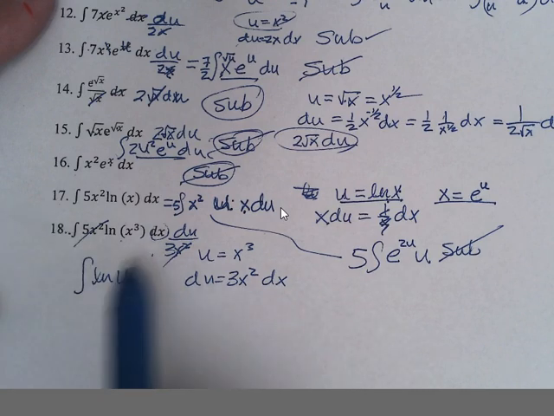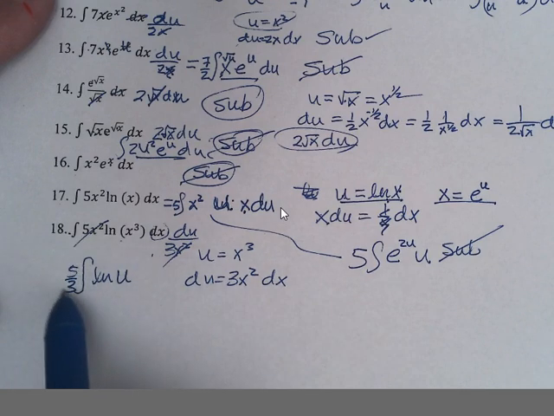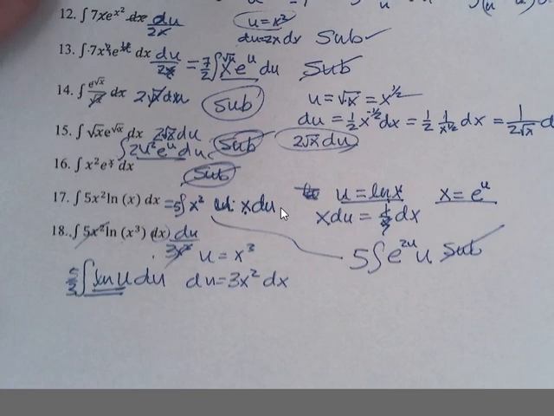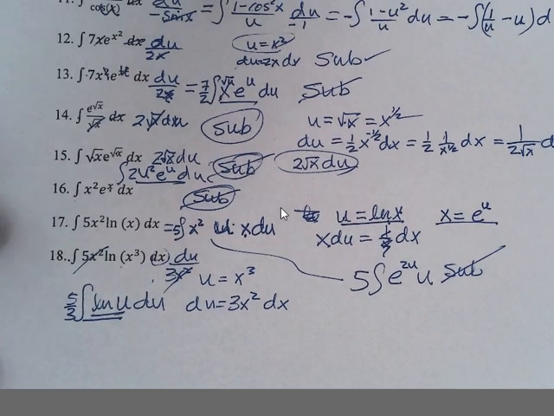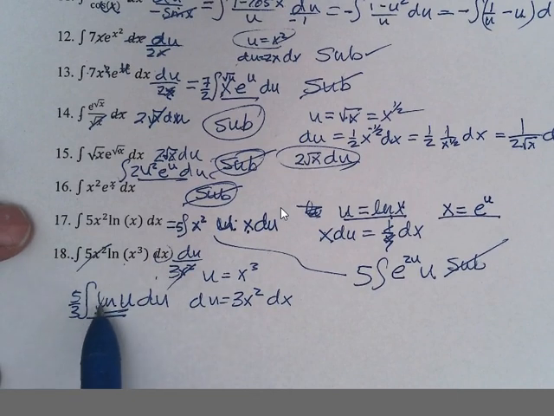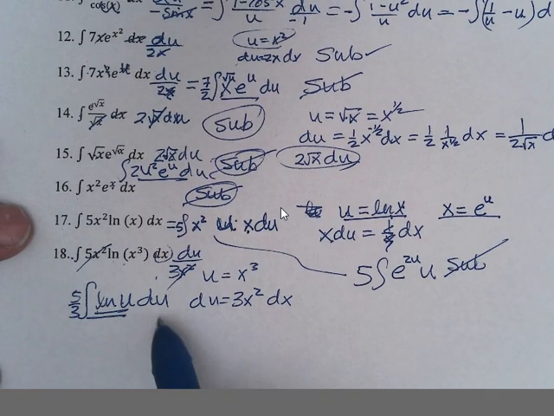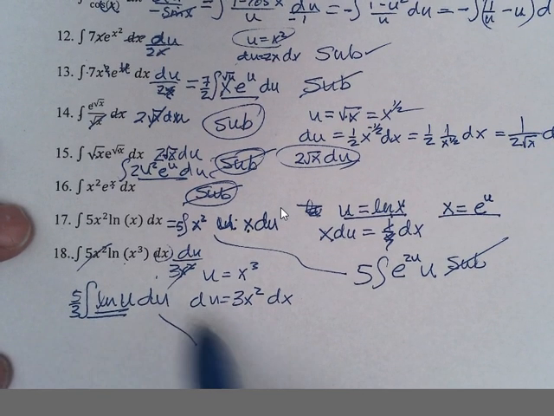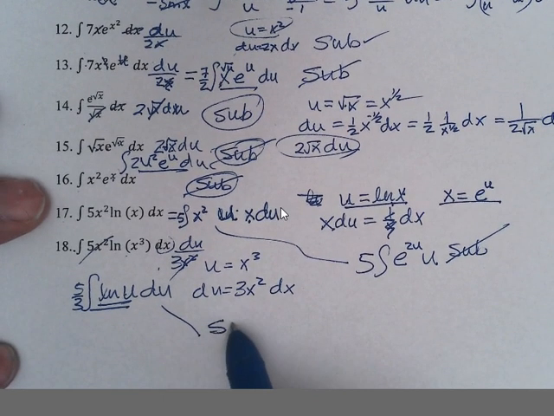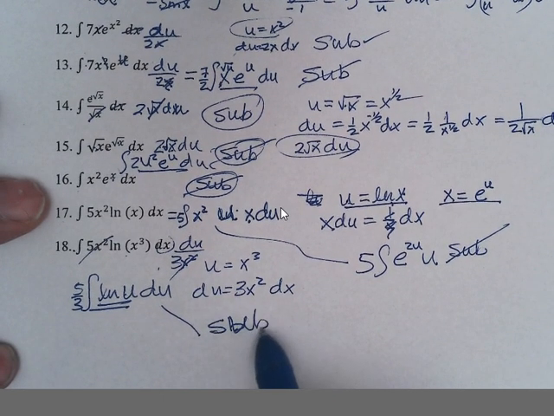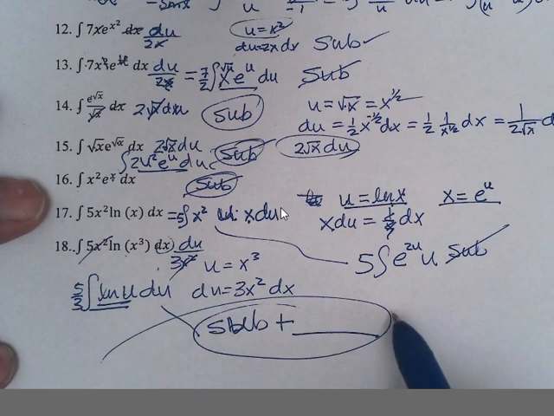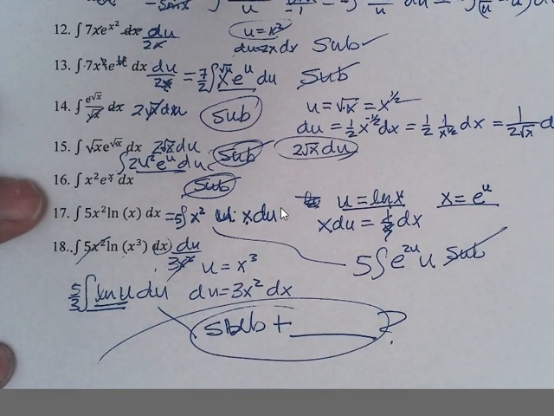We'd have a 5 and a 3 that would come out, and that is not obvious. The derivative of ln u is 1 over u, but the antiderivative of ln u is tricky. So substitution helps, but it doesn't get us to the answer. So we might have to do substitution and something else. So what? And that's coming.